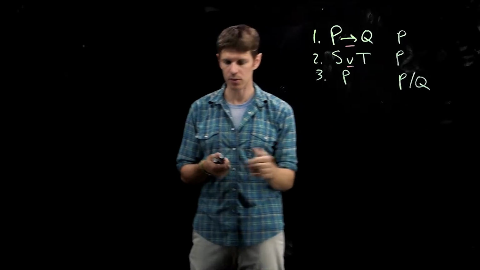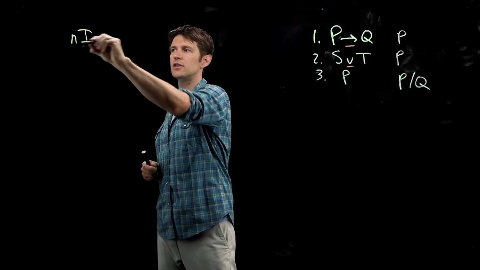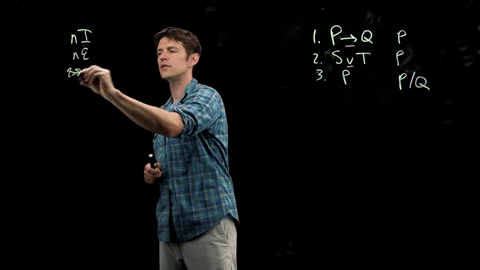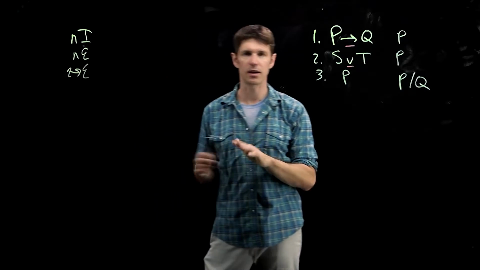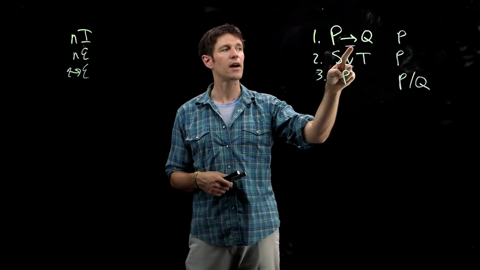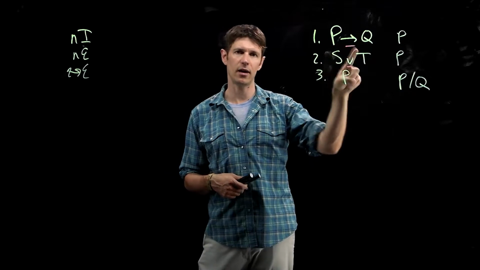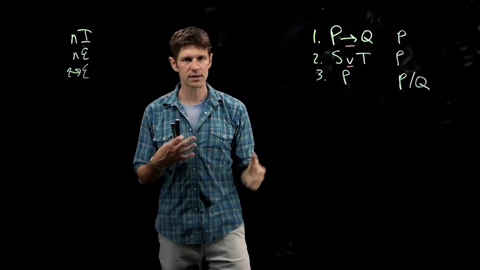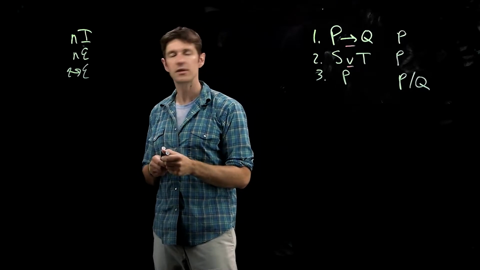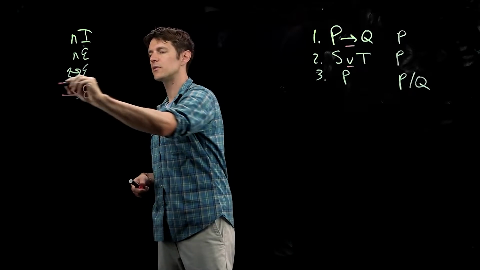So what we should do is we should not be looking at, let's say, conjunction introduction or conjunction elimination or biconditional elimination. These we can ignore. Instead, at least as our first step, is to look at the elimination rules that involve the right arrow. And at least at some stage in your learning, the first one you're going to learn is the right arrow elimination. So you should look at this rule.